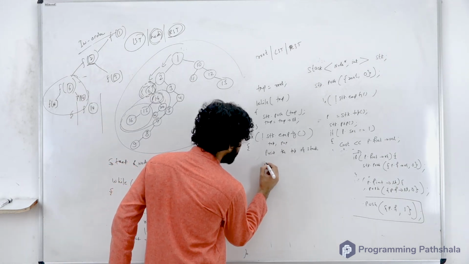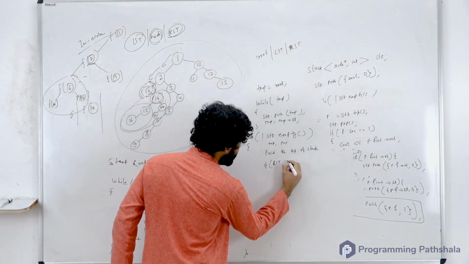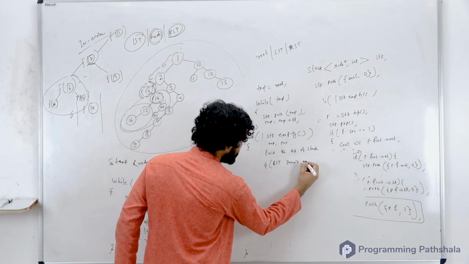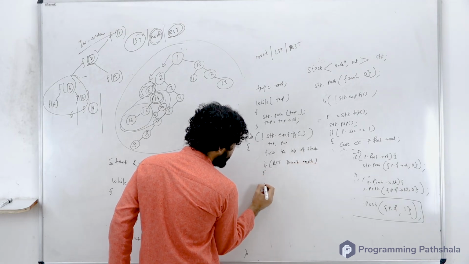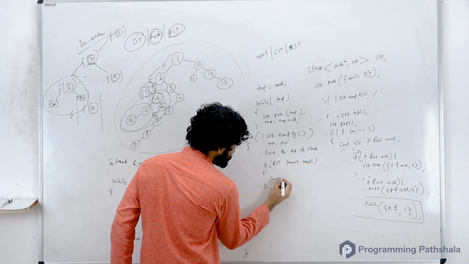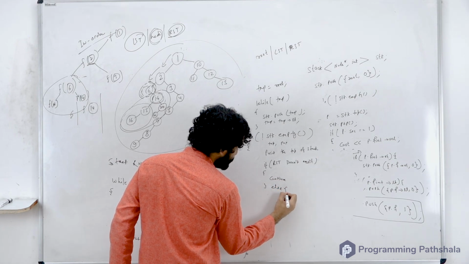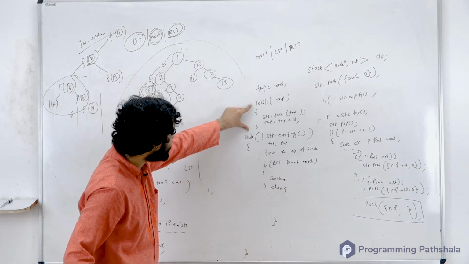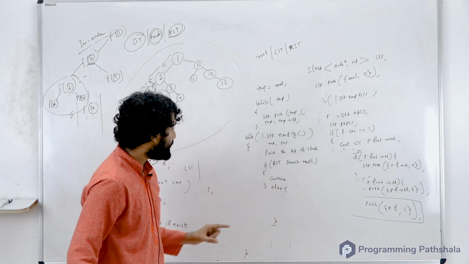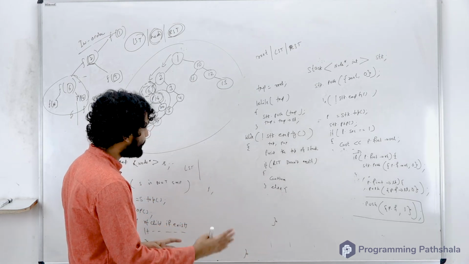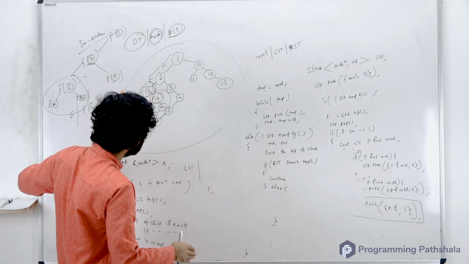if right subtree doesn't exist, simply continue. Else, you know what to do. Else this entire thing has to come over here. Else you will push that entire chain of the right subtree.